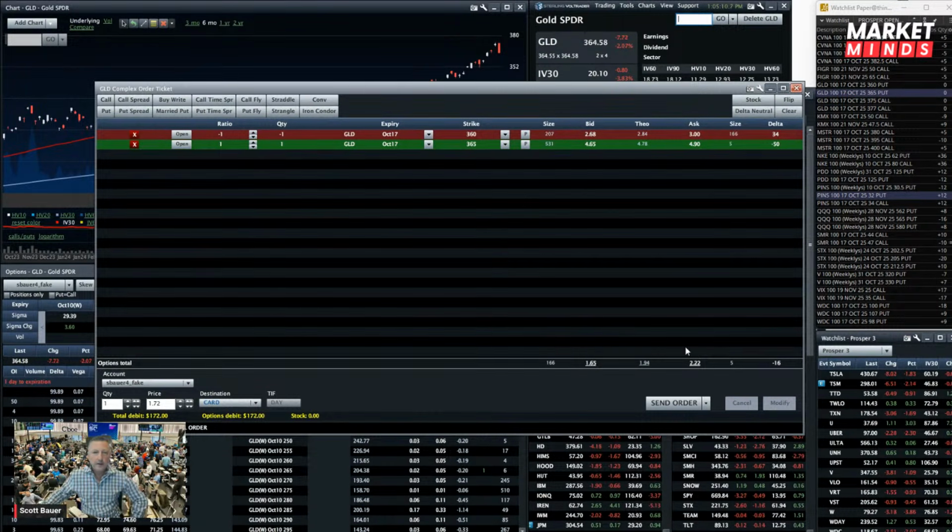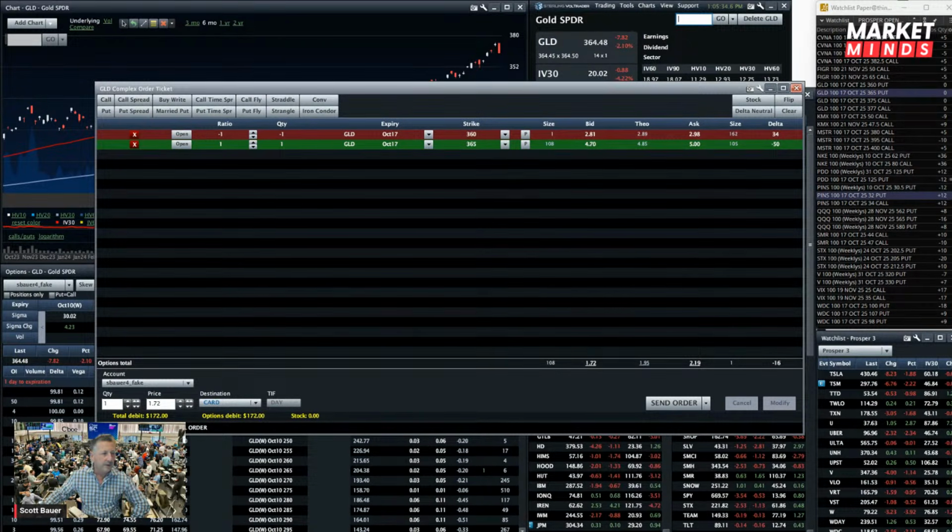The debit put spread could be worth $5. This is a long debit put spread. The only risk we have in this part of the trade was whatever we paid. So we paid a quarter.